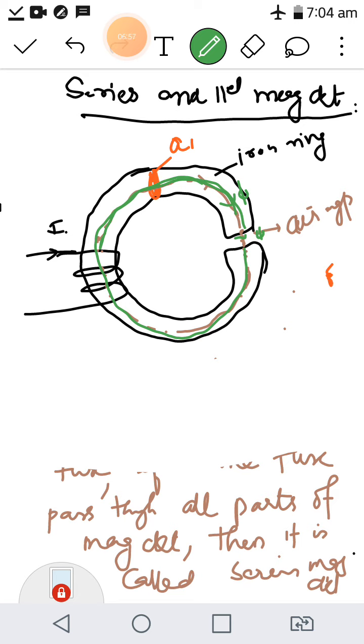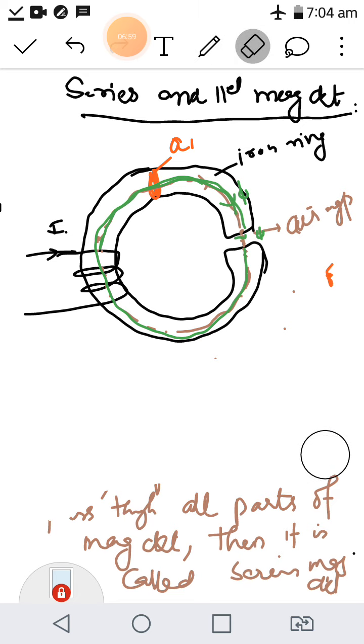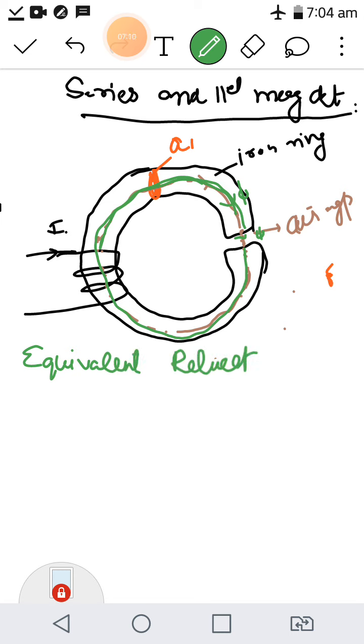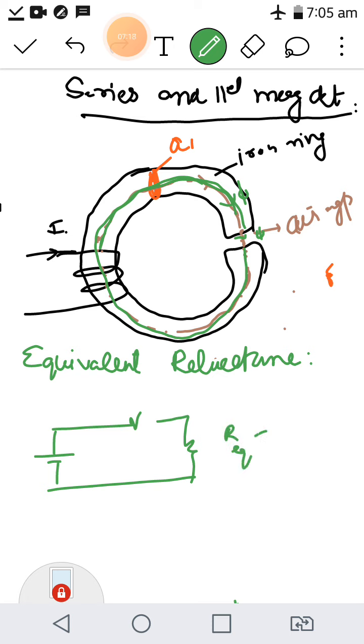Okay, so how do we calculate the equivalent reluctance in the case of a series magnetic circuit? What is the value of equivalent reluctance? If it was an electrical circuit, if two resistors are connected in series, the equivalent resistance is equal to R1 plus R2.